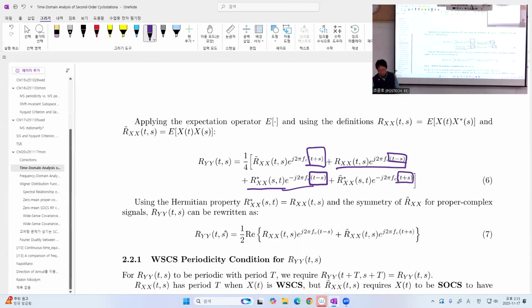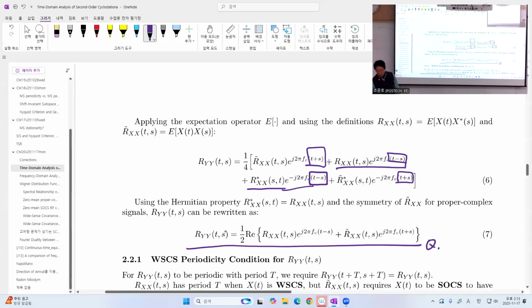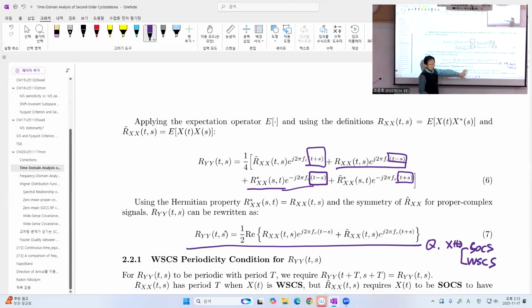Now, here goes the question. So now let's consider T-cyclostationary, wide sense or second order cyclostationary. First, what if we just say X is wide-sense cyclostationary without saying that it's proper or what its complementary autocorrelation is?